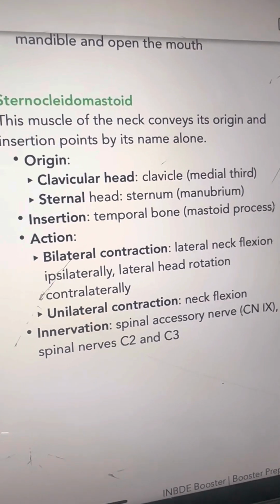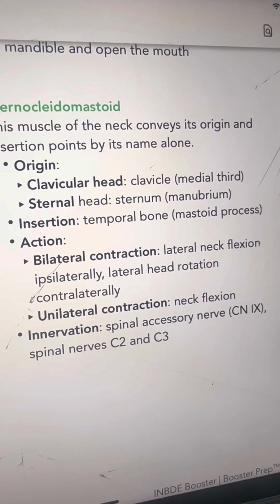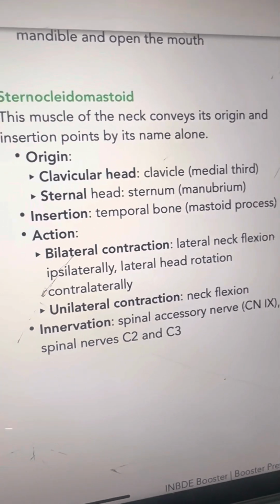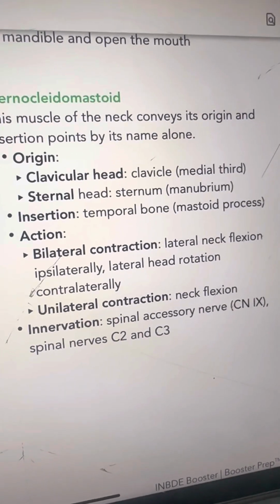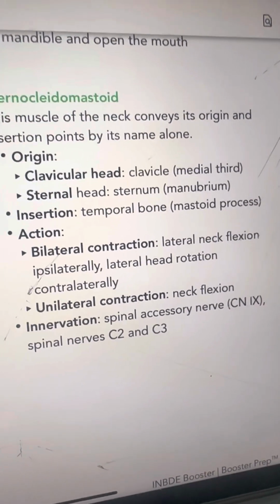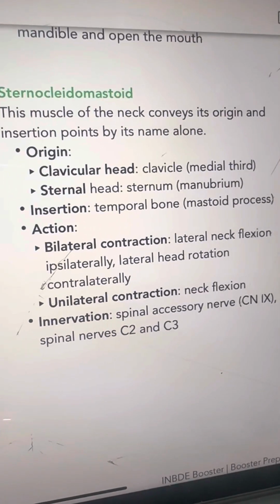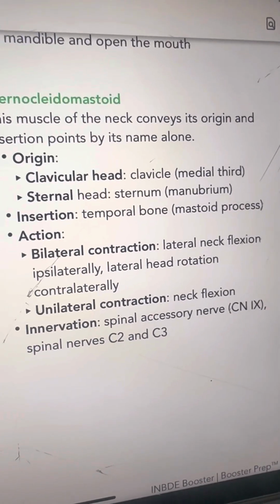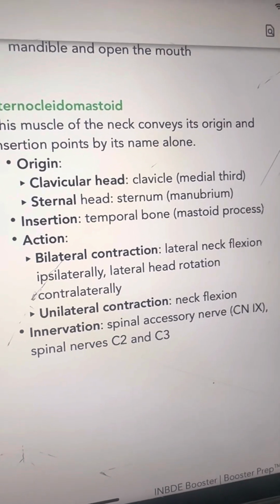Action: bilateral contraction, neck flexion; unilateral contraction, lateral neck flexion ipsilaterally, head rotation contralaterally. Innervation: spinal accessory nerve CN11, spinal nerves C2 and C3.